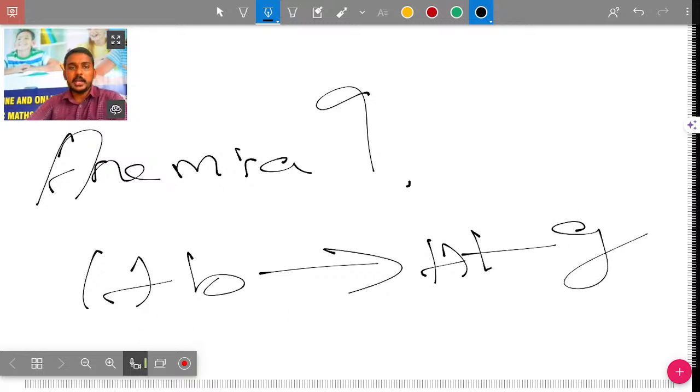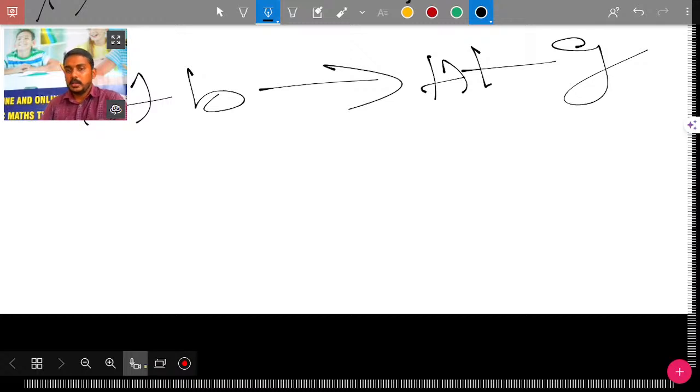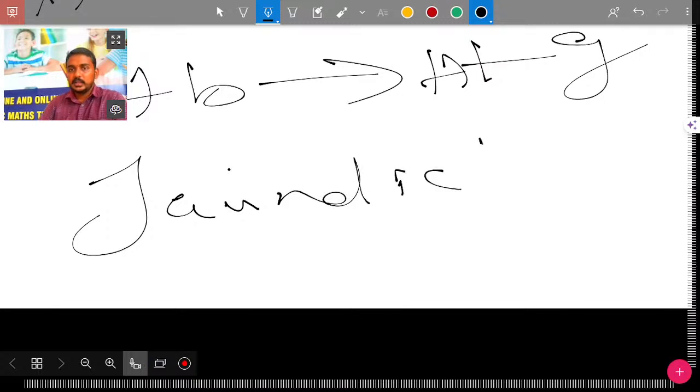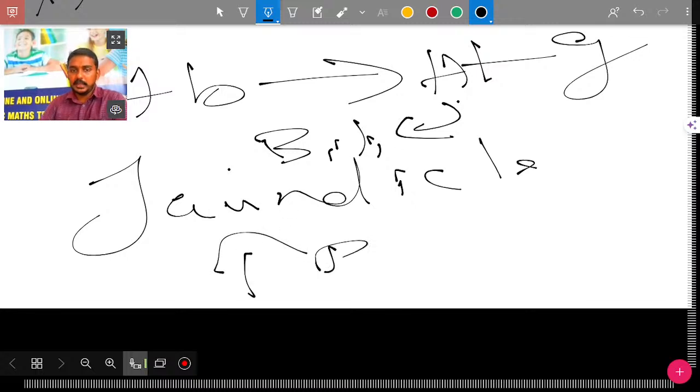That's why anemia happens. Next thing is jaundice. Jaundice means this heme will be converted to bilirubin, a bile pigment. The increase in the bile pigment results in jaundice.